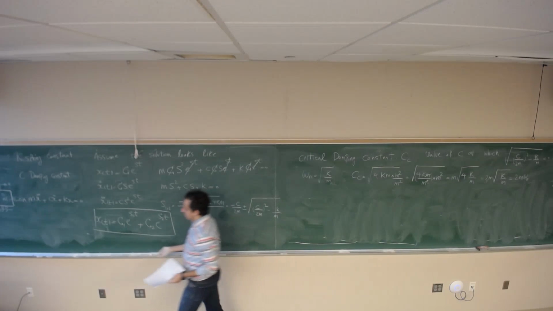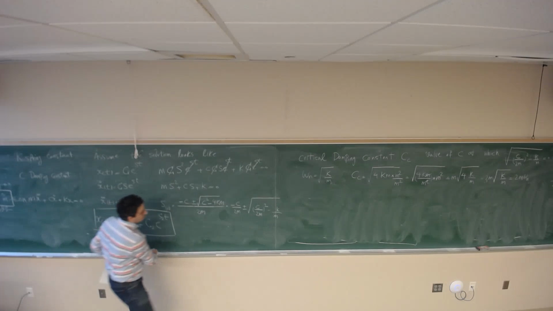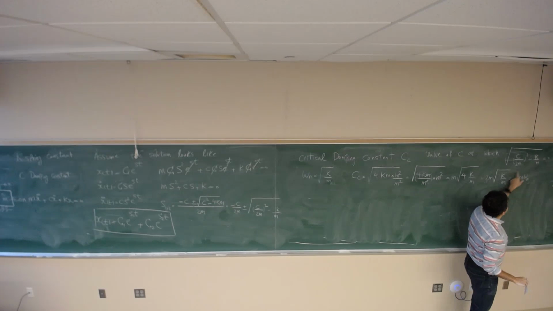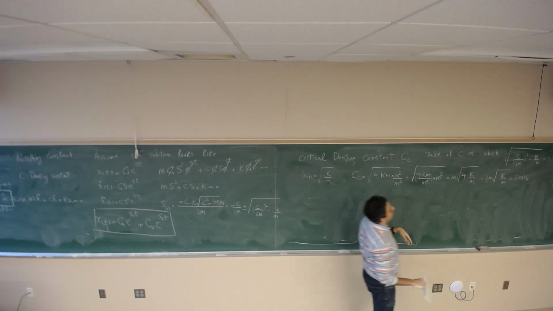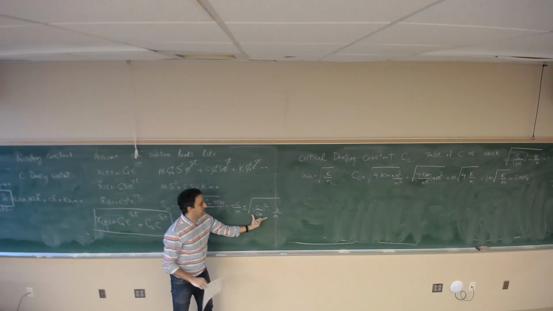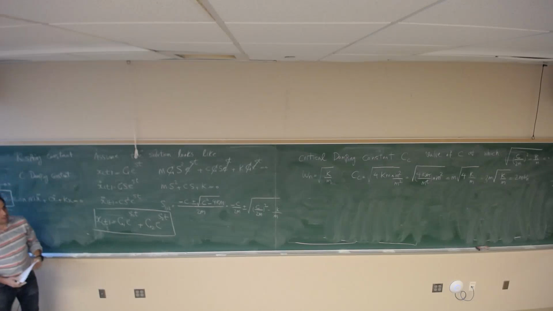So if the damping constant is equal to 2m omega n, or the square root of 4km, it makes the inside of the square root equal to 0, and we call it the critical damping constant.